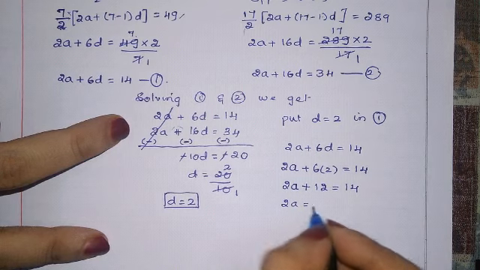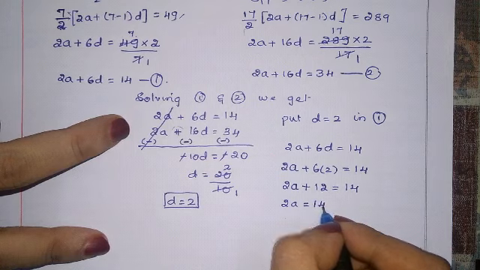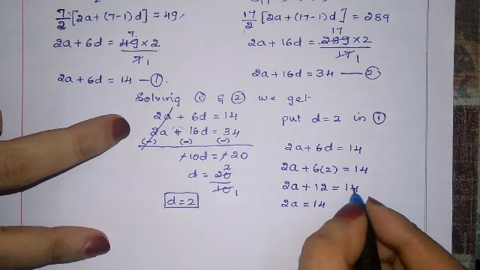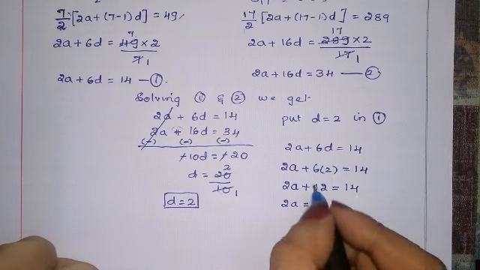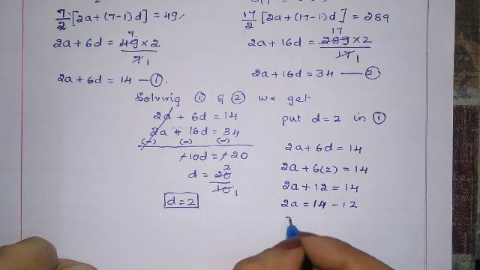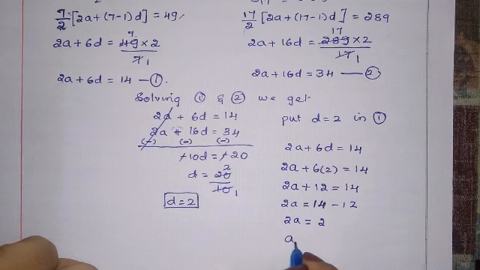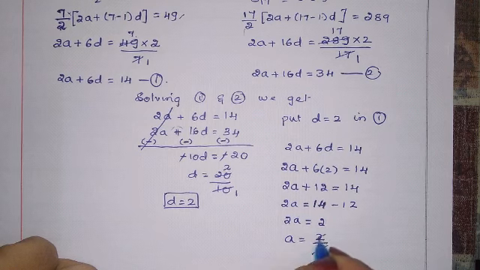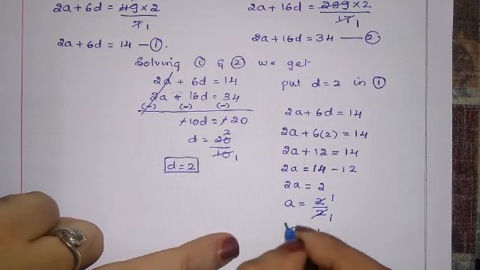After equal to, whatever number is there, we have to keep as it is, 14. If I bring this 12 to this side, minus 12. 2a is equal to 14 minus 12, which is nothing but 2. a is equal to 2 by 2. 2 1s are 2. So a value we got 1.